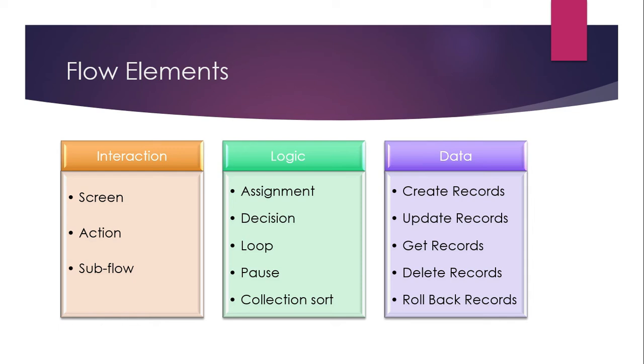Now it comes under the data section, where we have create records, update records, get records, delete records, and rollback records. An important thing I need to highlight there is rollback records. Let's take an example: we are creating an opportunity, and after creating the opportunity we want to create a task.